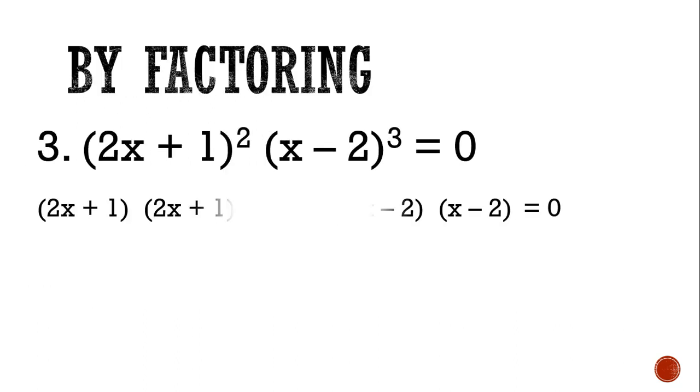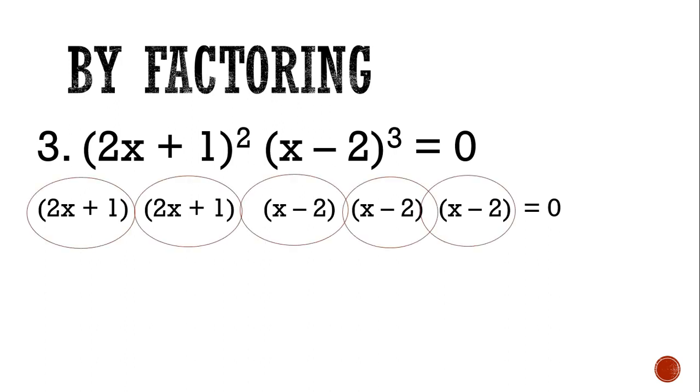Since the polynomial equation is expressed as 5 linear factors, this polynomial equation has to have 5 roots. These are negative 1/2, which is used twice, and positive 2, which is used thrice.